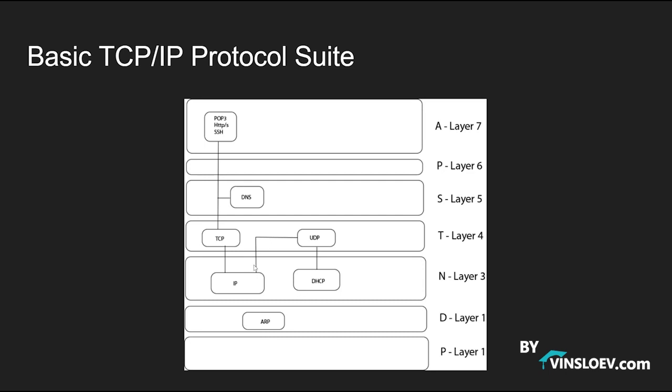So as you see, we have the TCP on our layer 4, and we have the IP on our layer 3. This basically means that TCP uses the IP protocol from layer 3 to do some other protocols. For example, it is used by DNS and POP3 and HTTP and so on. These are just some of the protocols.